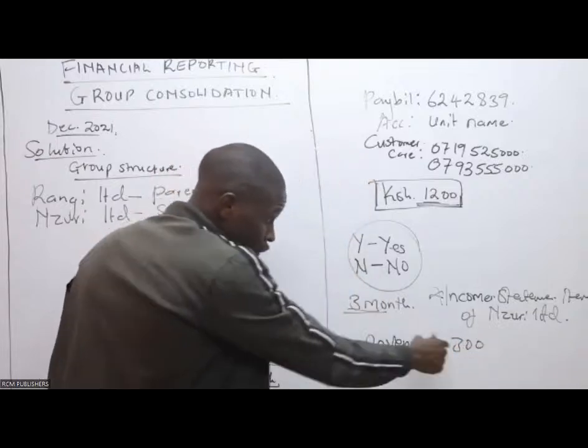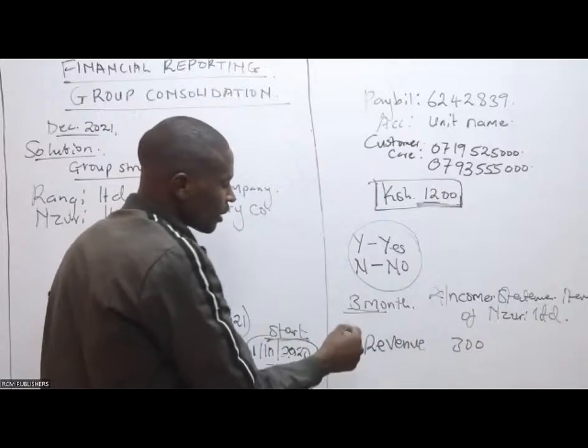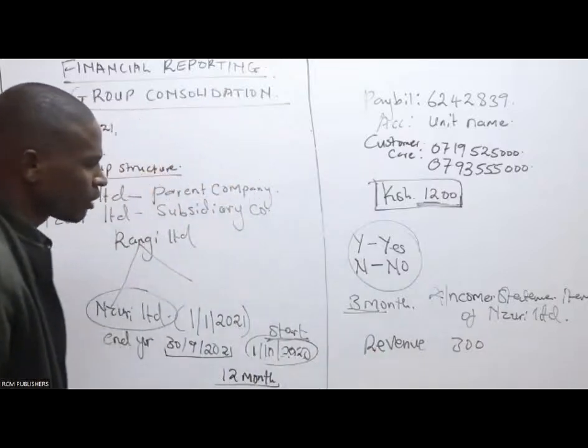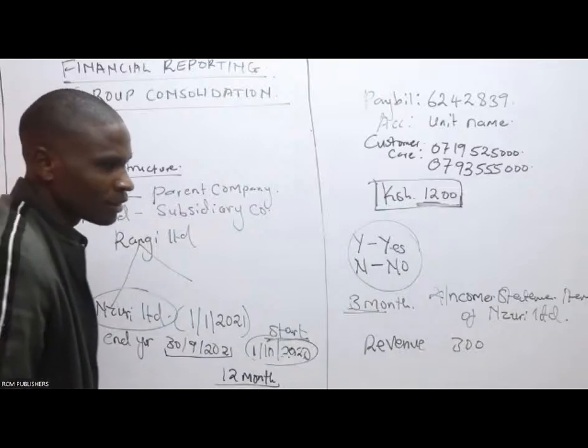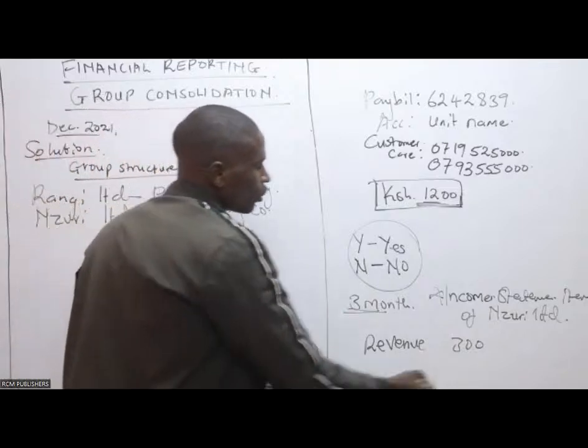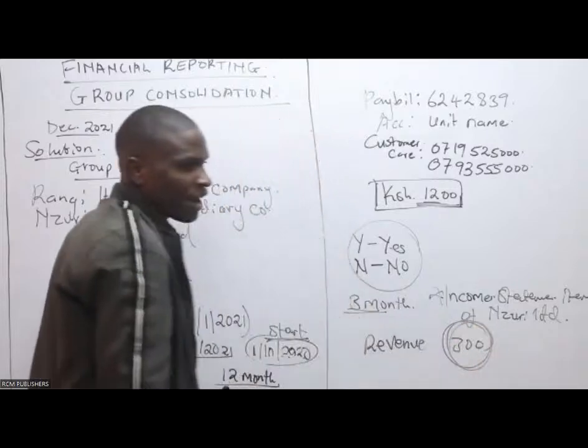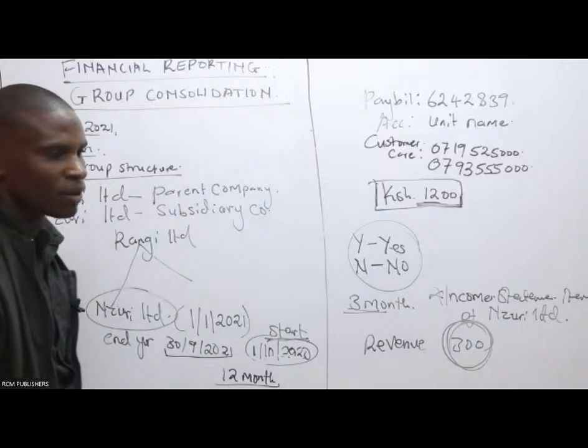We shall apportion this because we remained with this company for how many months? 9 months. So we are going to apportion these with the number that we remain with.